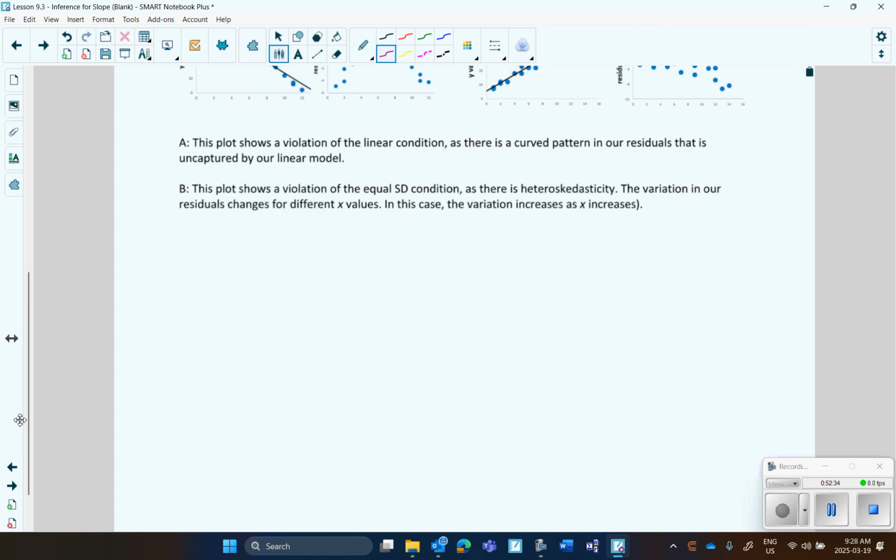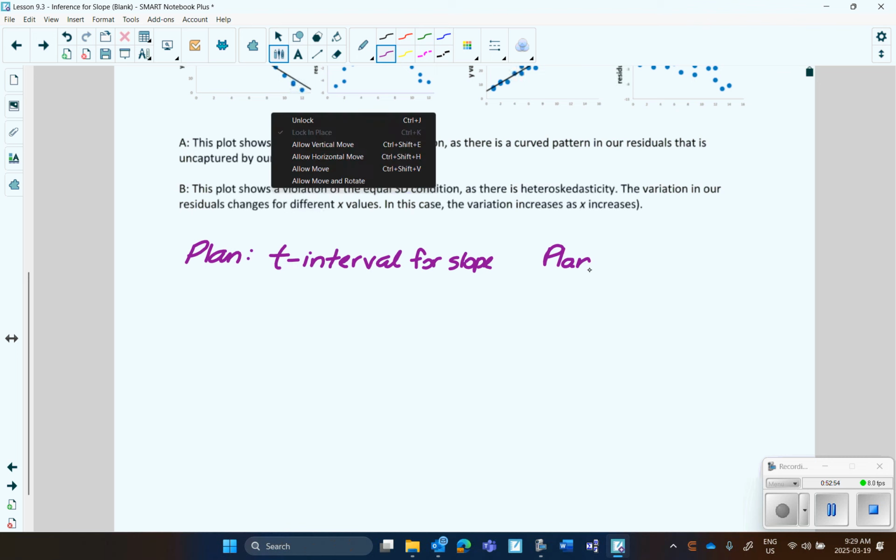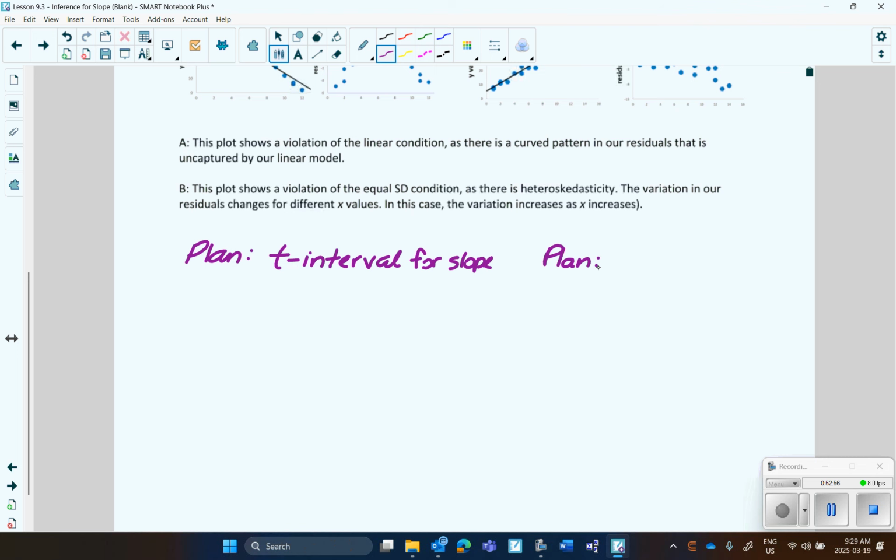For the plan, we're going to do a t interval for slope, or a t interval for beta. And for the other one, we're going to do a t-test for slope.